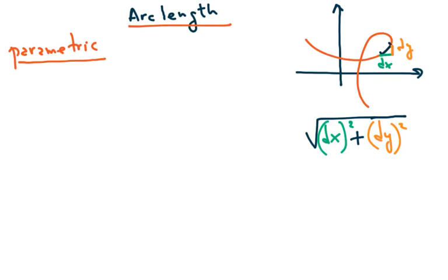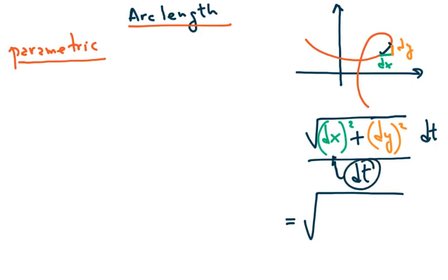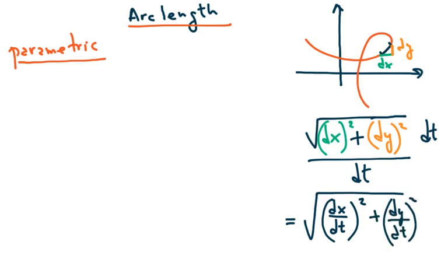Some algebraic transformations here: this expression, we multiply and divide by the same dt, which does not vary it. And so algebraically this is going to be equal to the square root, putting this dt inside of the root as a square, and then this is going to be dx over dt, the whole thing squared, plus dy over dt, the whole thing squared, and so this dt.